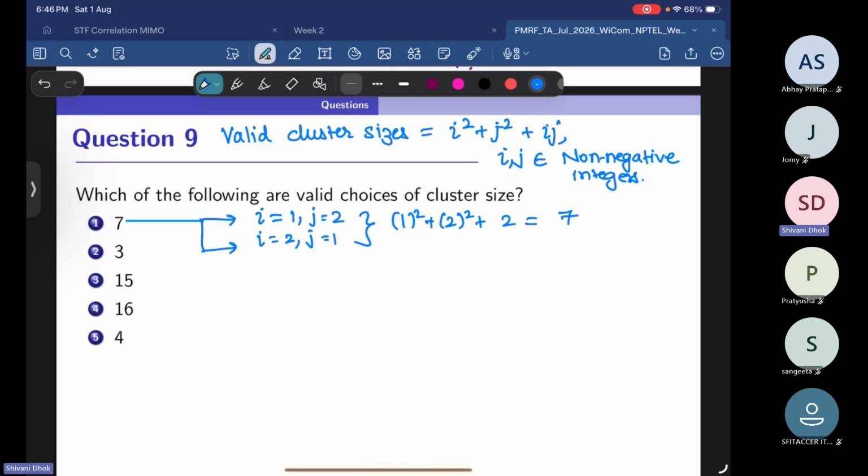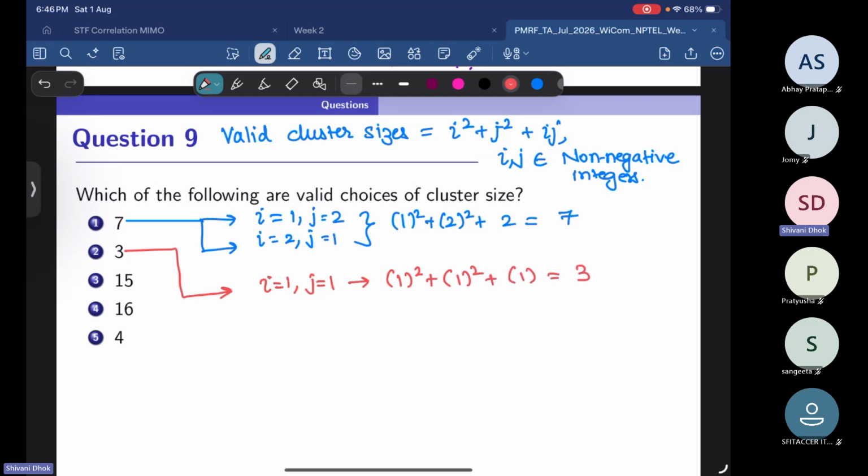Then we have seen 3. How can we obtain 3? 3 can be obtained if you set i equal to 1 and j equal to 1. You can also put i equal to 0 and j equal to 3 and so on. So when you have this, you will have 1 square, that is i square, plus 1 square, that is j square, plus ij, that is 1 into 1, 1. So this turns out to be 3.